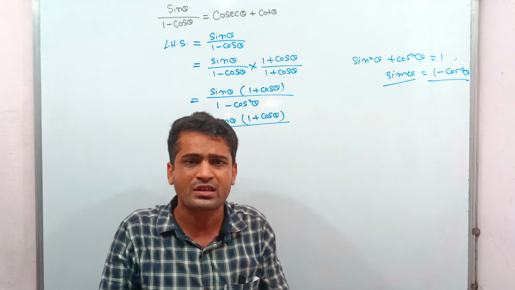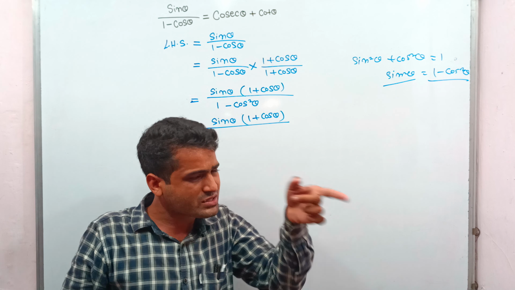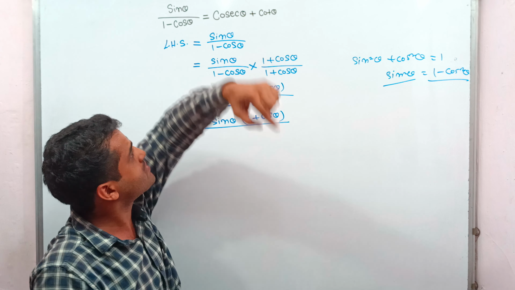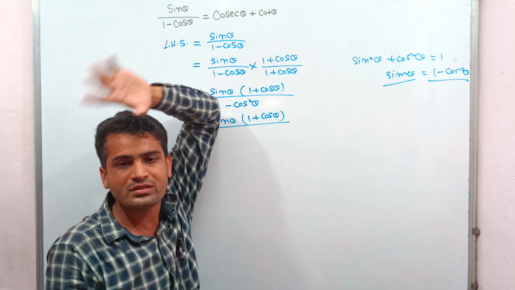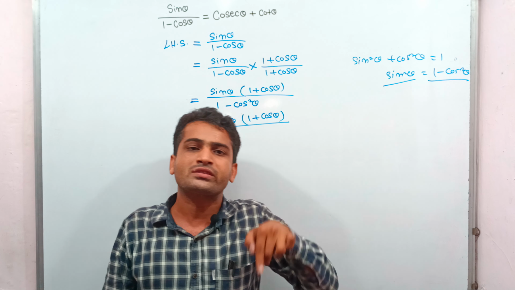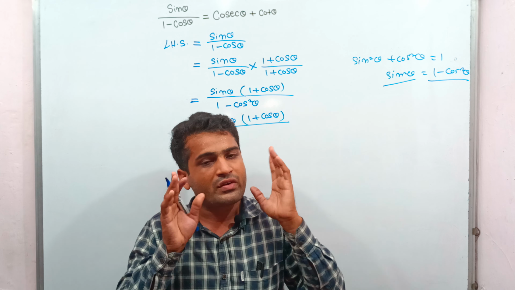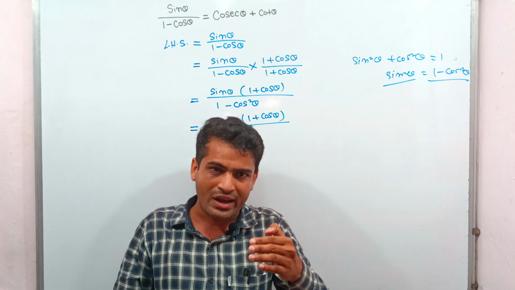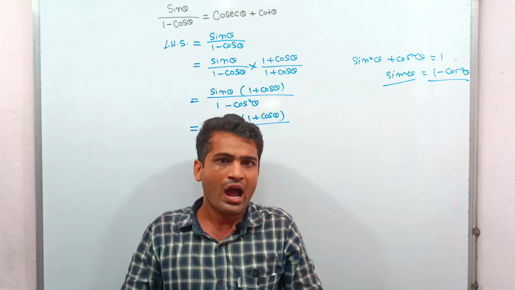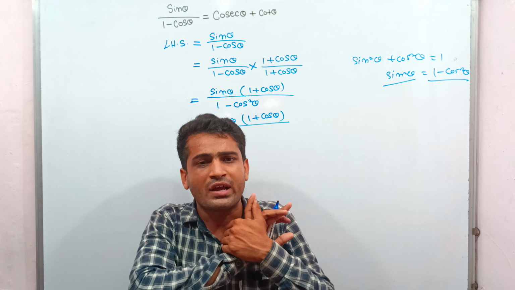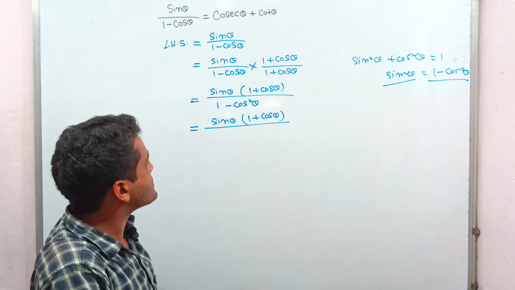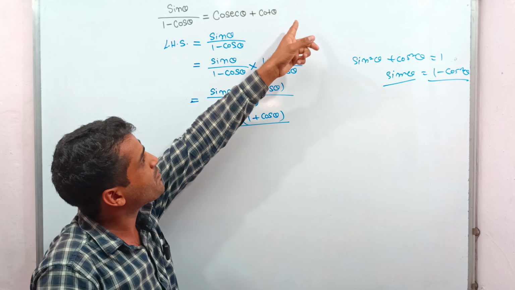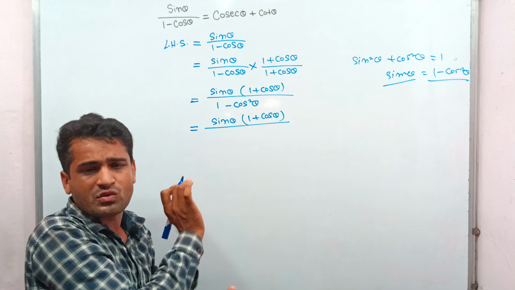We need sin square theta or sin theta in the denominator, because our target is cosec theta and cot theta.